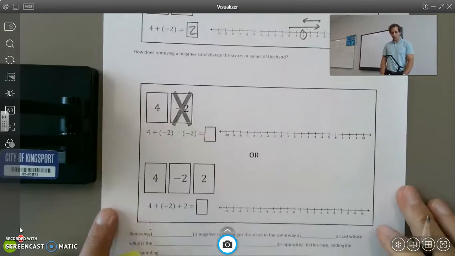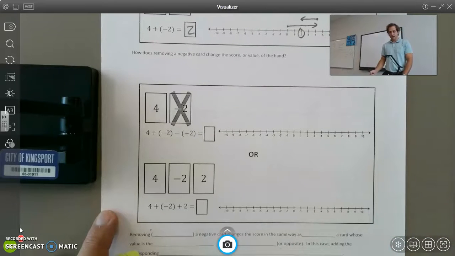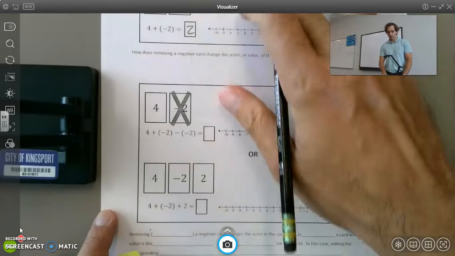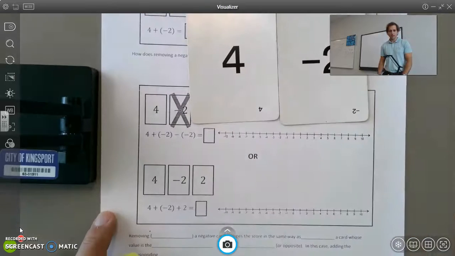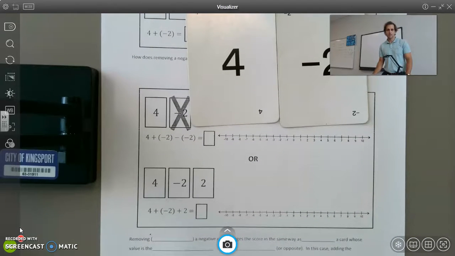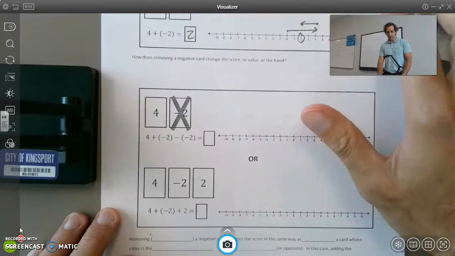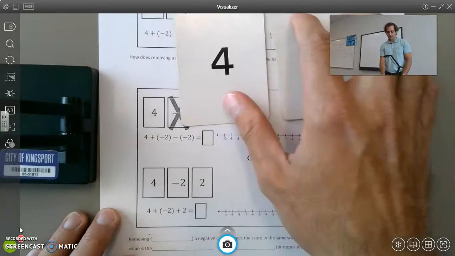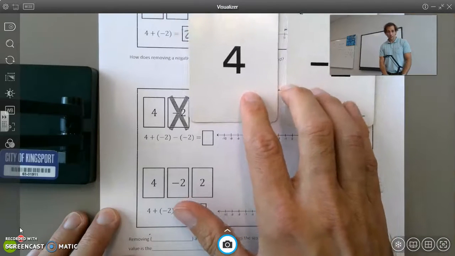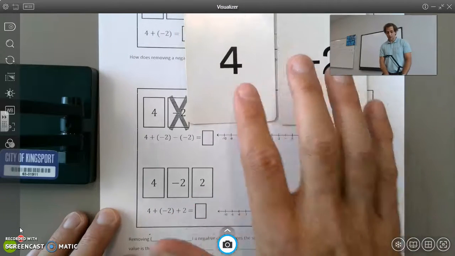Now, the question that we're posed with this time is what happens when we remove this negative 2? And this, folks, is the paradigm shift. This is when everything changes for you. This is a big 7th grade idea for you to wrap your brain around, okay? So look, 4 plus negative 2 gives us a sum of 2. That's the value of my hand right now.